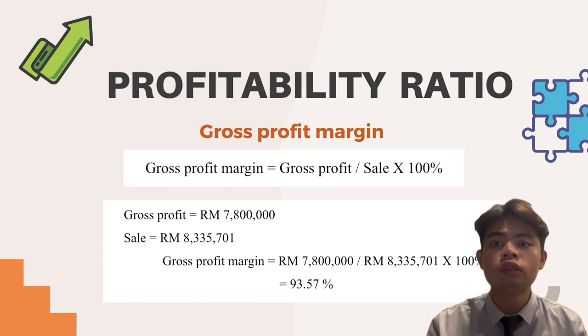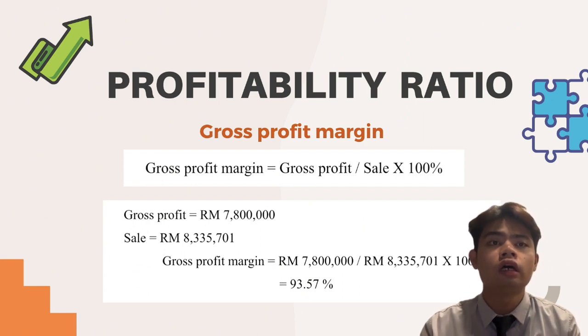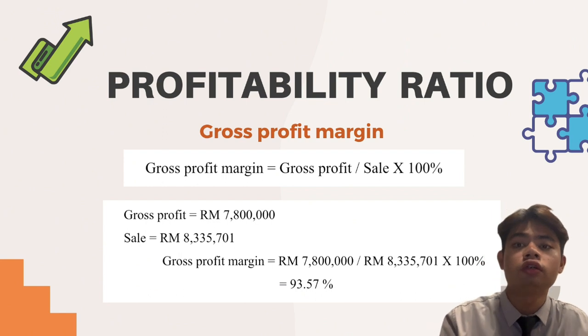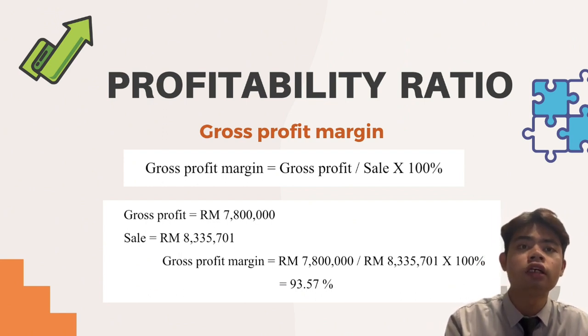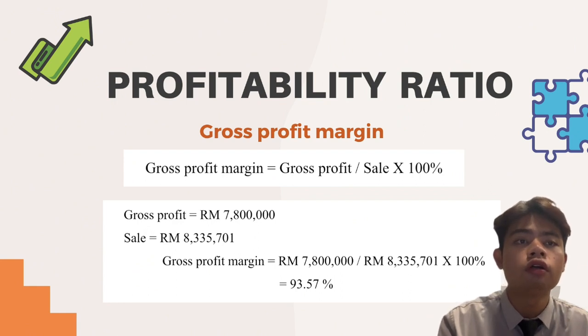Alright, so for the next part, I will present the first equation for the profitability ratio, which is gross profit margin. To find the gross profit margin of Jet Resources Berhad, we need to find their gross profit and sales based on their financial report in 2023.